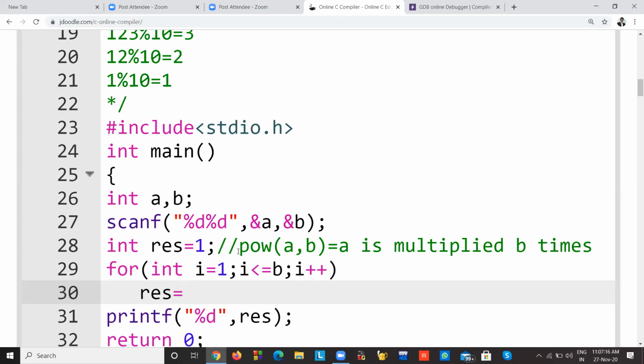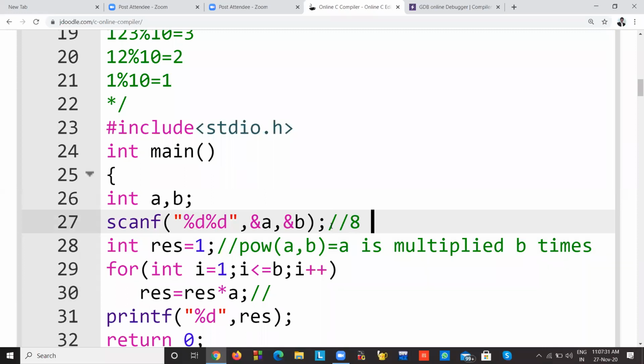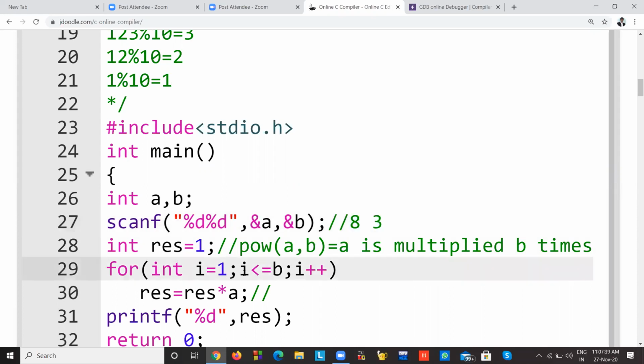In result we already have 1, right? So result equals result into a. Let's assume a is 8 and b is 3. 8 should be multiplied 3 times, that is the objective here. Now i is equal to 1. 1 less than or equal to b, which is 3.